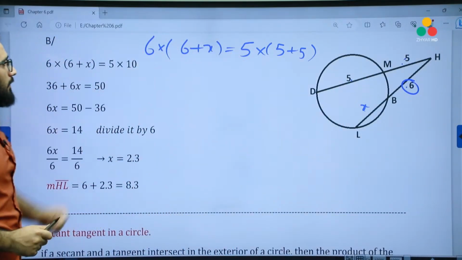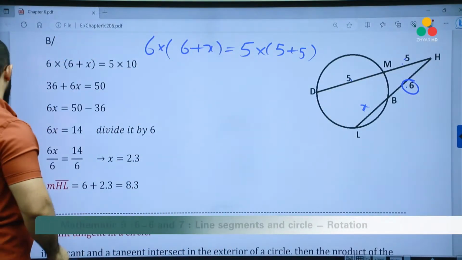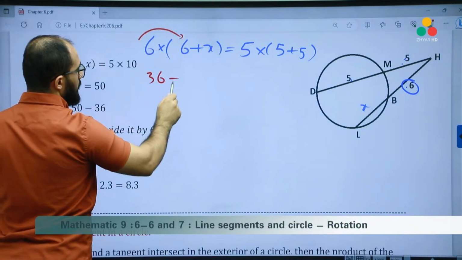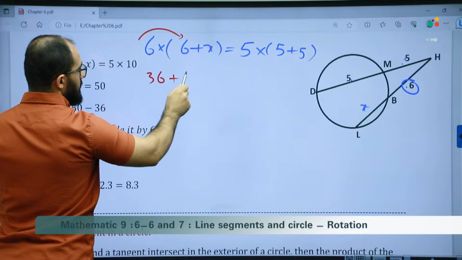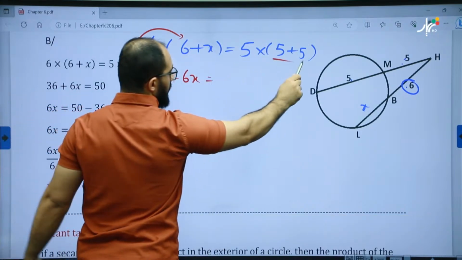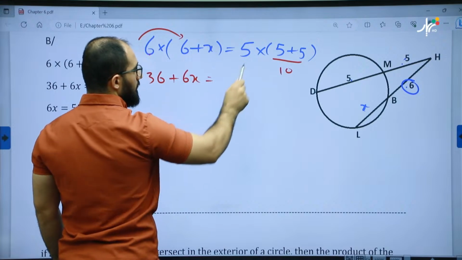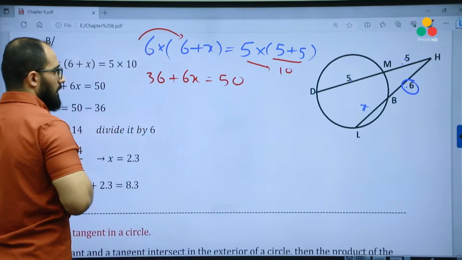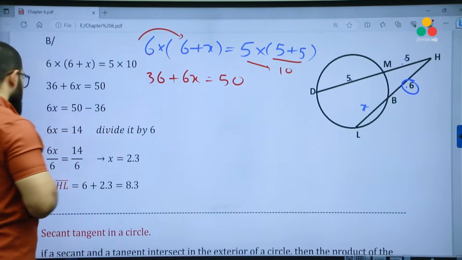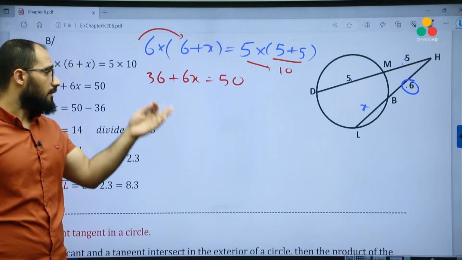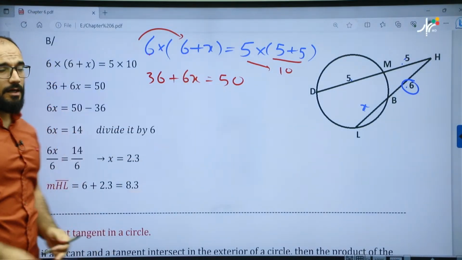Then let's do the calculation. 6 times 6 is 36 plus 6 times x is 6x. The other side, 5 plus 5 is 10. 10 times 5 is 50. So we have 36 plus 6x is equal 50. What do we do? We have a multi-step equation. We move 36 to the other side.